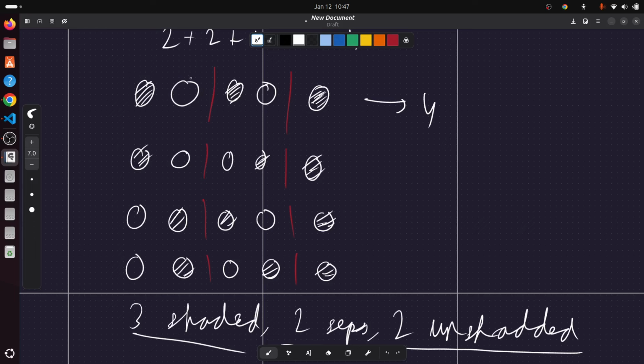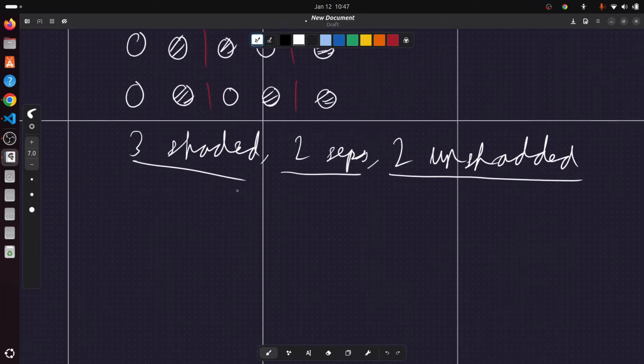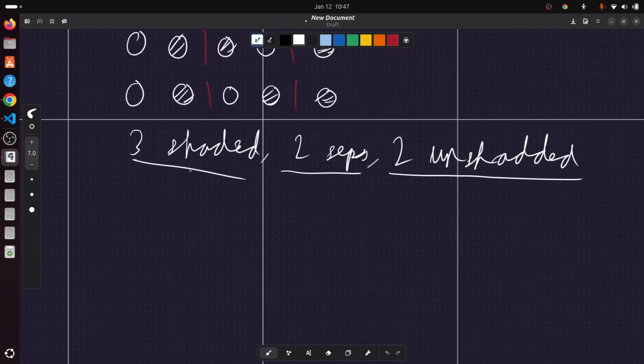So the order of shaded and separator would be shaded, separator, and shaded, right? So we have 3 shaded balls, 2 separators, and 2 unshaded balls, and we want to arrange them in such a way that the shaded balls and separators alternate, and we just have to count the different arrangements, and that would be our answer.